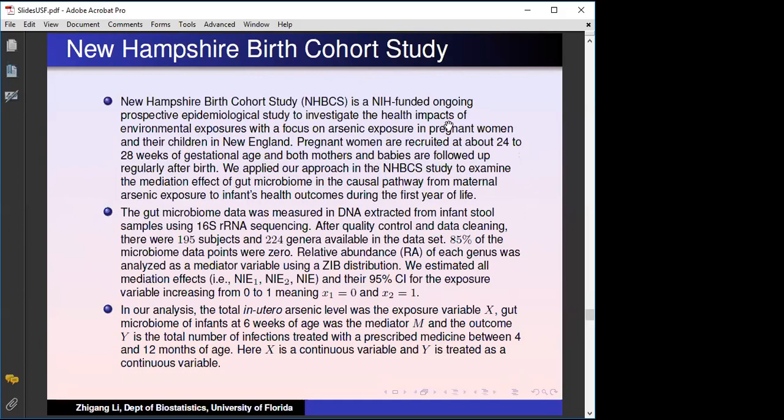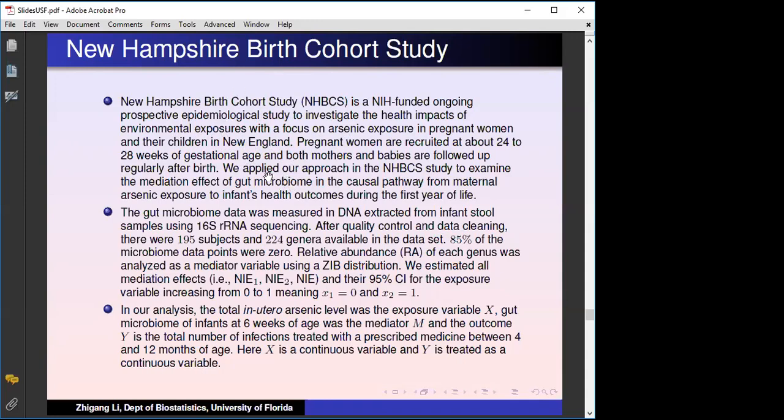And the main focus of this study is arsenic, because this study recruited children from New England, but mostly from New Hampshire. Another name for New Hampshire is Granite State, which means there are a lot of granite rocks on the ground, so that somehow comes with arsenic.